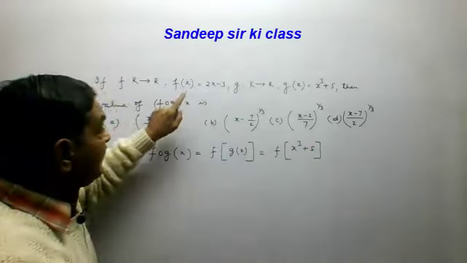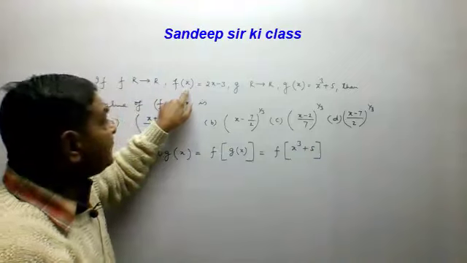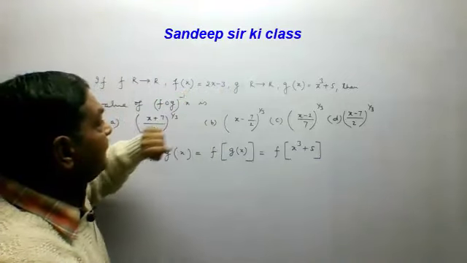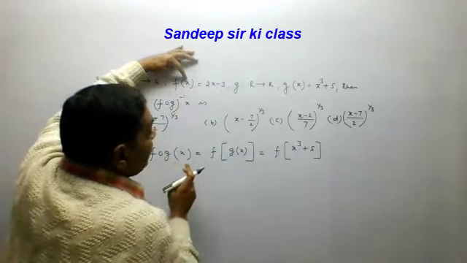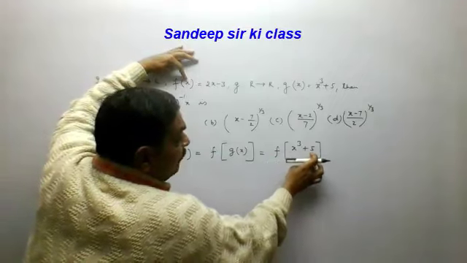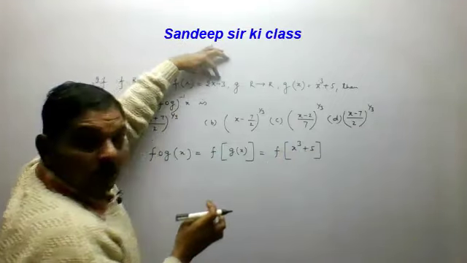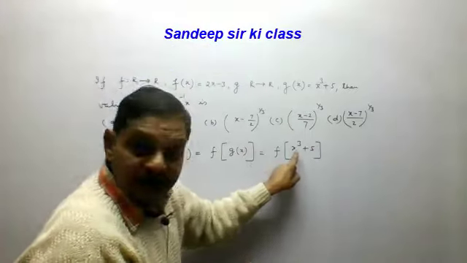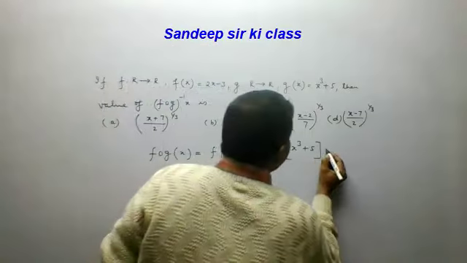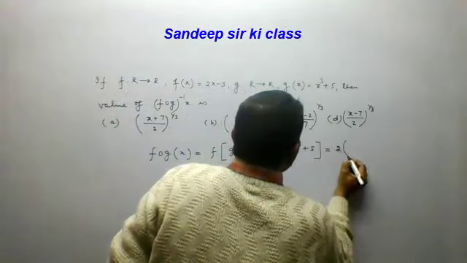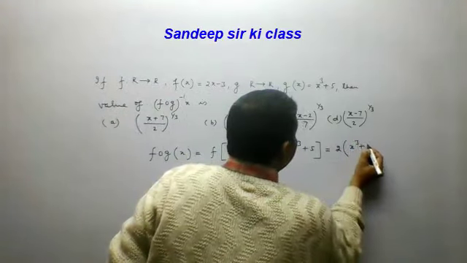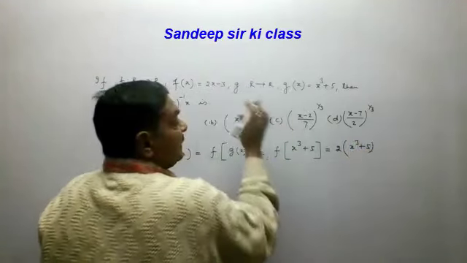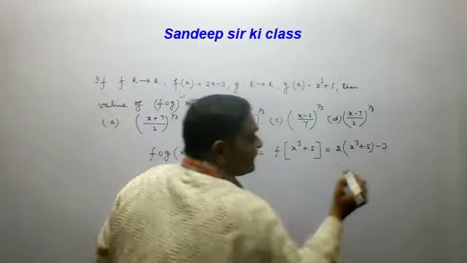Now we have been given f(x) as 2x minus 3. Means if I am writing here x as x cube plus 5, on the right hand side also I am to write in place of x as x cube plus 5. So this becomes 2 times (x cube plus 5), and minus 3 will come here as it is.